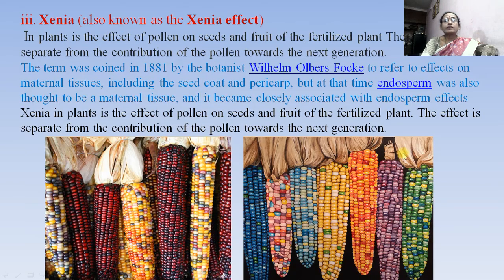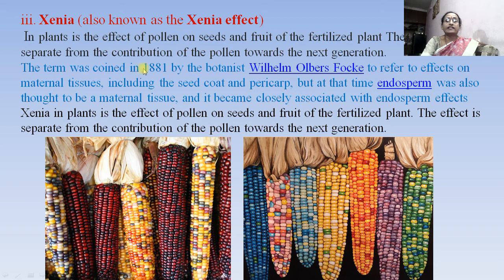Then the third of these is xenia. It is also known as the xenia effect. In plants, it is the effect of pollen on the seeds and fruits of the fertilized plant. The effect is separate from the contribution of the pollen towards the next generation.